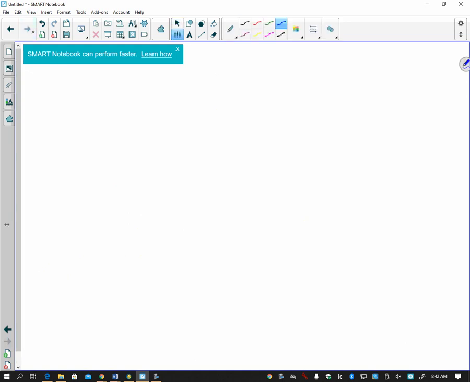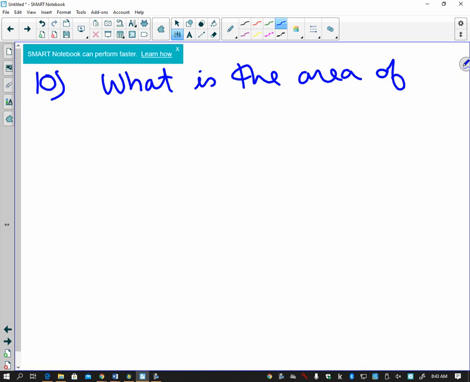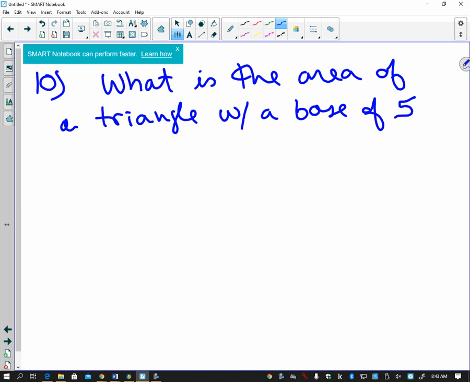Let's see, what are we ready for now? 10? This should be easy. What is the area of a triangle with a base of 5 and a height of 10?